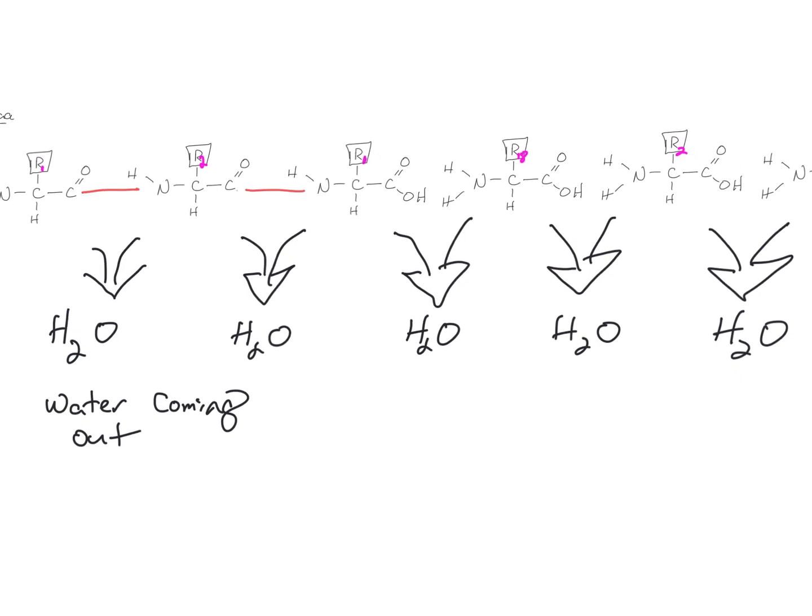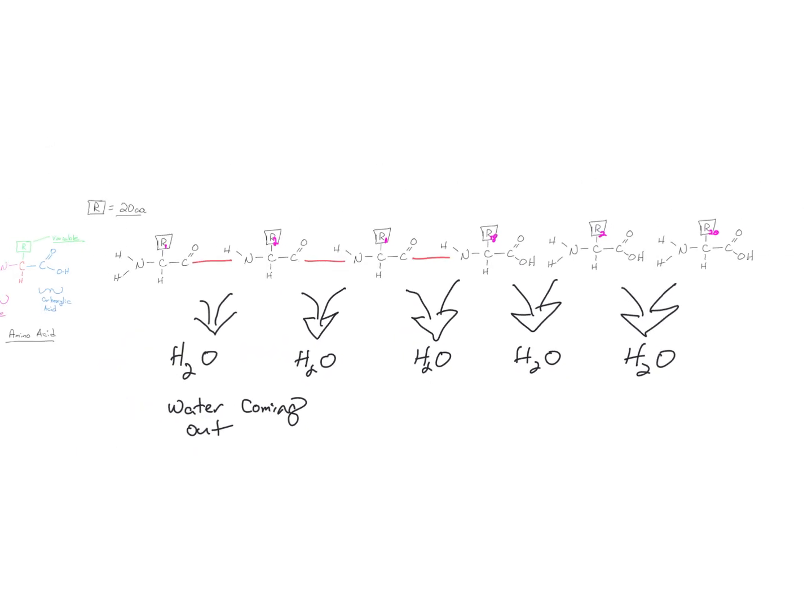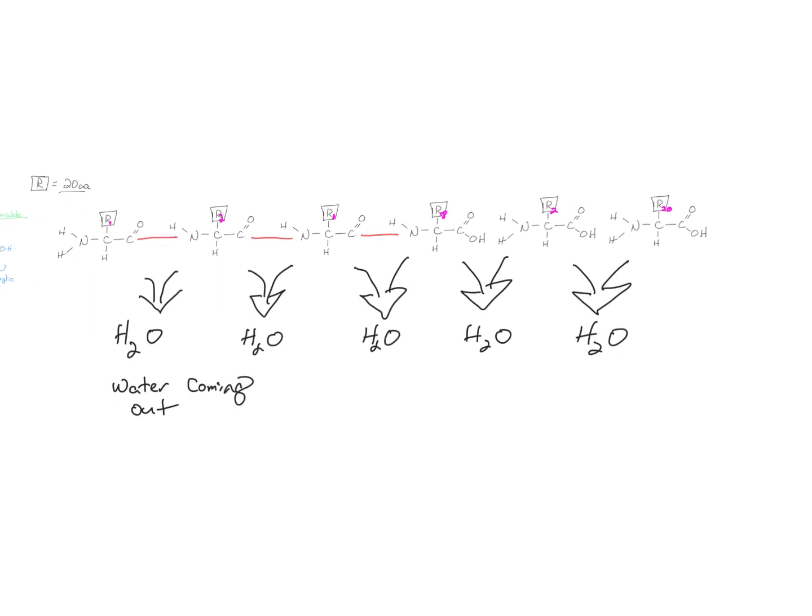But the point is that this H2O leaves, and that allows for the carbon to bond to the nitrogen. So again, repeated again, and the carbon bonds to the nitrogen. And repeat it again, and the carbon bonds to the nitrogen.